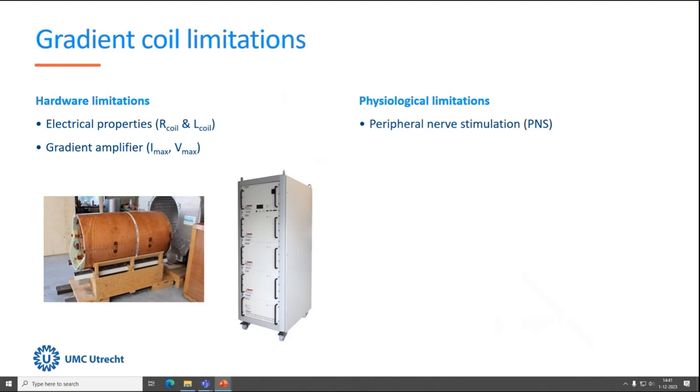So why not just crank up the voltages and the currents through these coils we have? Very easy. Oh no, there are some limitations. First of all, the gradient amplifier has a max. These beasts go very hot and need to be water cooled. They can only deliver a certain amount of current and voltage. And the coil itself has certain properties.